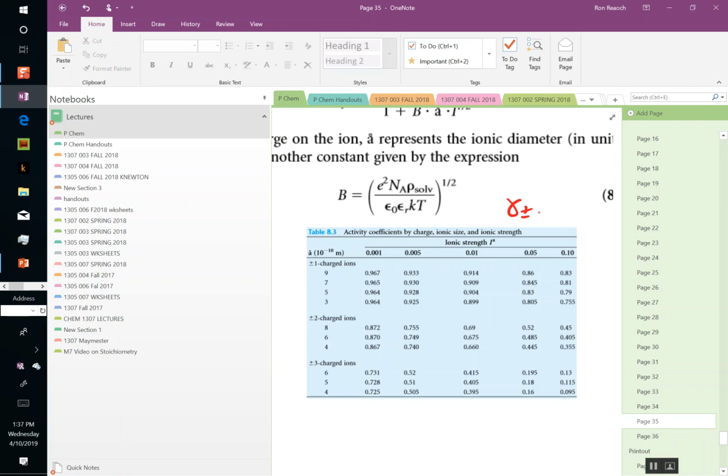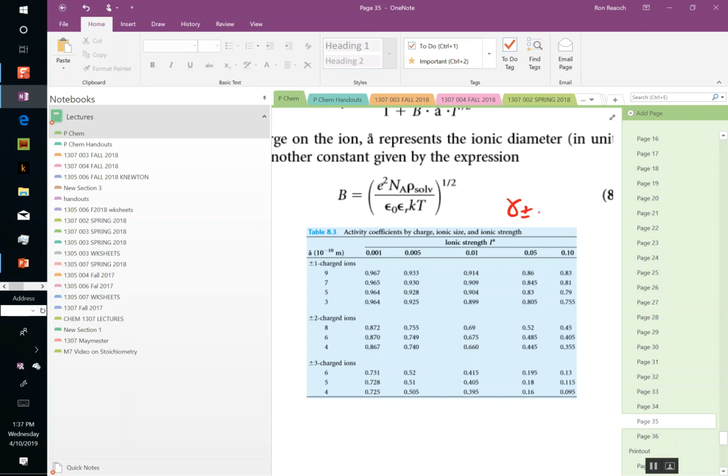What do we got here? Angstrom. Plus or minus charge. I guess it's probably the size of the ion. So you look at the charge of the ion, then you look at the size of the ion, and you go over in angstroms to the ionic strength to find the activity coefficient. That parentheses right above it is, I think, standing for the number of angstroms.